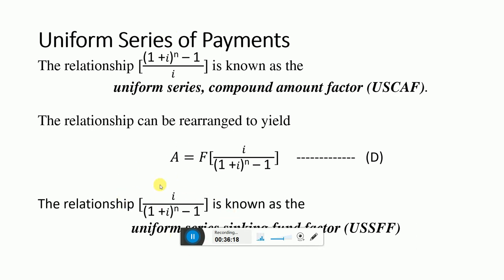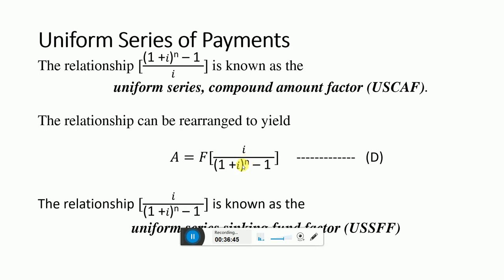But if we inverse this relationship, it is known as uniform series sinking fund factor, or USSFF, because it determines the uniform end of period investment A that must be made to provide an amount F at the end of n periods.